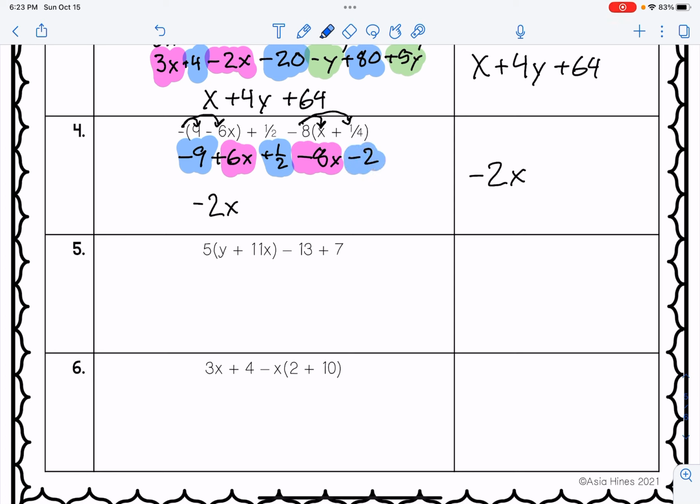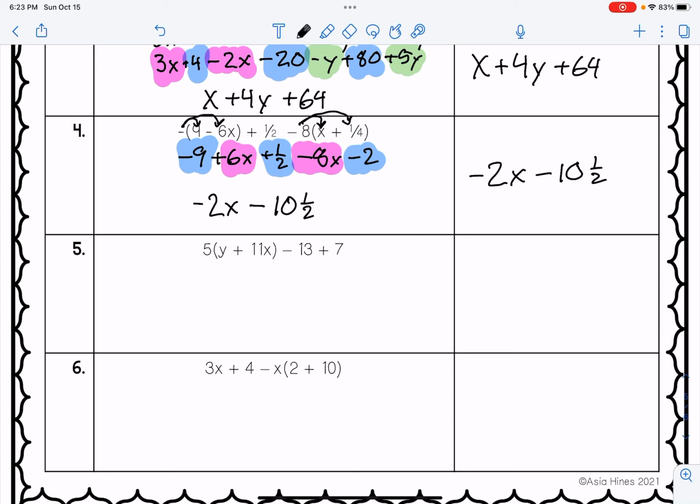All right, well, negative 9 plus 1/2 is going to give us negative 8.5. And negative 8.5 minus 2 will give us minus 10 and 1/2. So minus 10 and 1/2. And there it is simplified. This big nasty thing got simplified after distribution and combining like terms to this little bit better one.